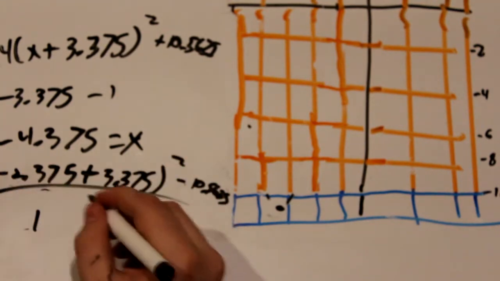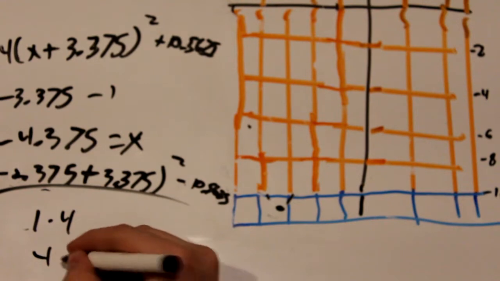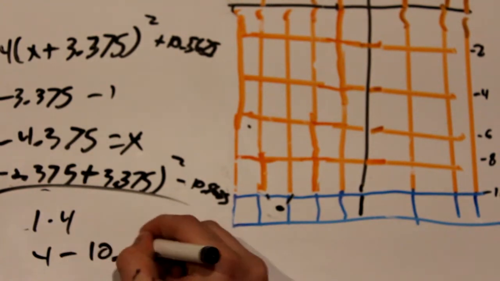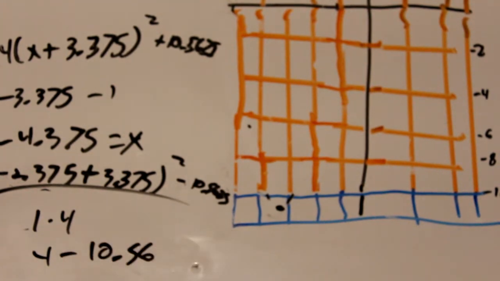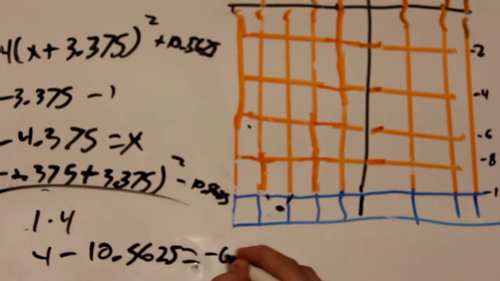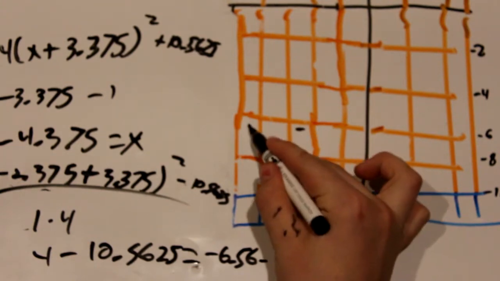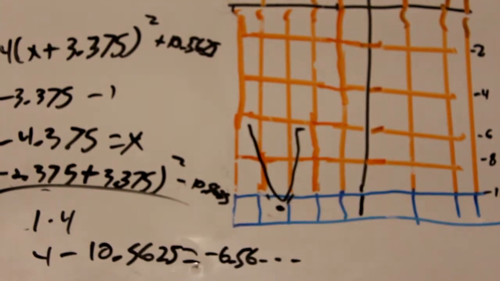Positive 1 squared is 1. 1 times 4 is 4 minus 10.5625, which is negative 6.5625, yada yada yada, you know. So we go over 1 and we get the same point. This is starting to create our basic parabola shape.